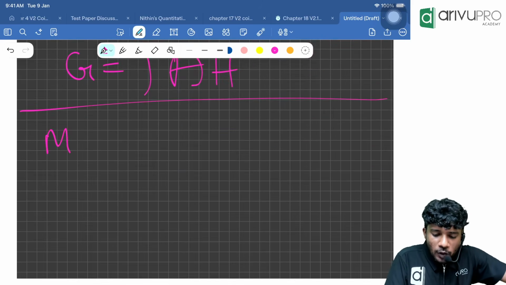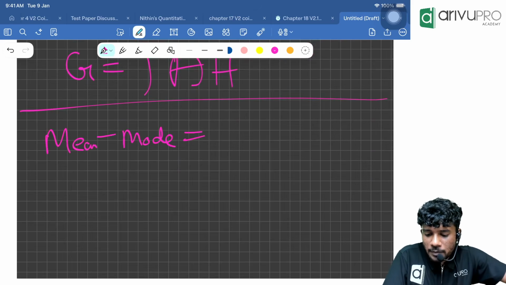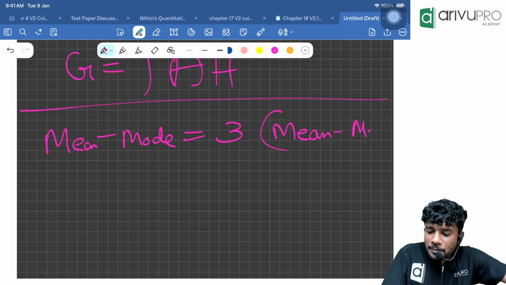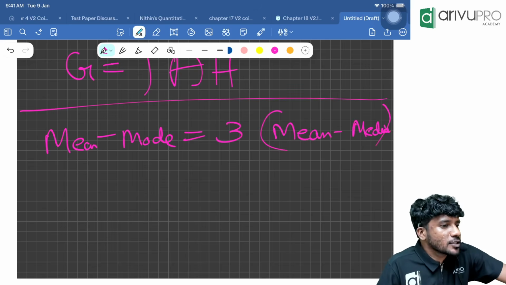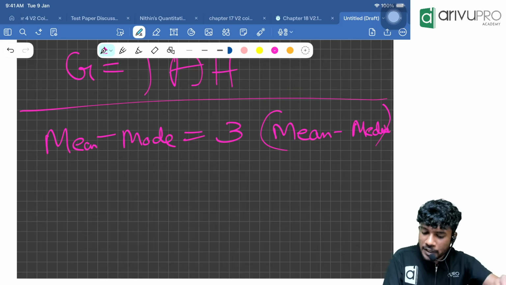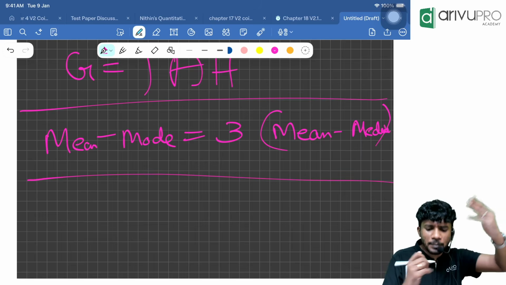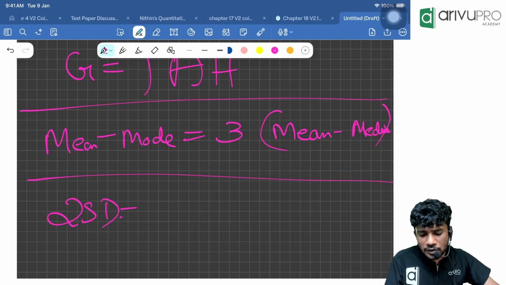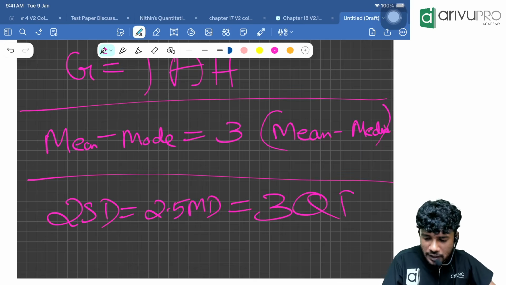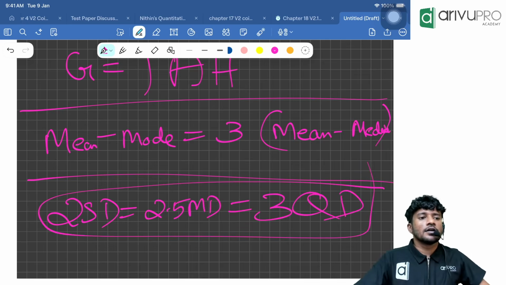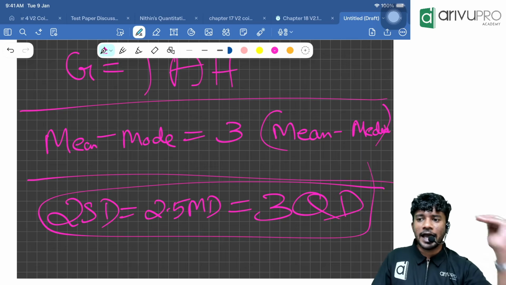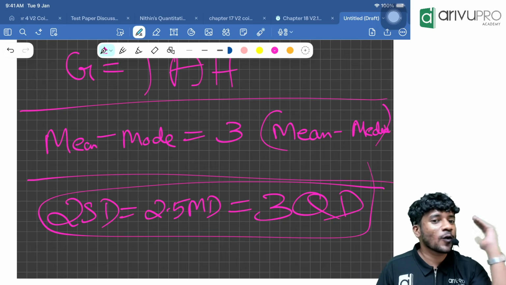Mode is equal to 3 median minus 2 mean. Then the connection between standard deviation, quartile deviation and mean deviation: 2SD is equal to 2.5 MD, which is equal to 3 QD. Done. This much was required, and with that itself we can solve a lot of things.